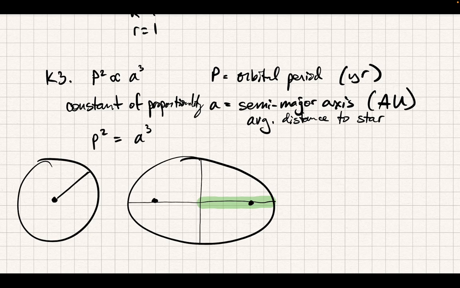So I get this for free. Technically I do have a constant of proportionality. It's 1, but I can just write this proportional relationship as an equality as long as I use orbital period in years and semi-major axis in astronomical units.